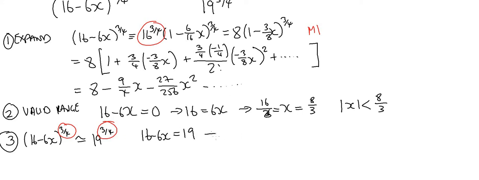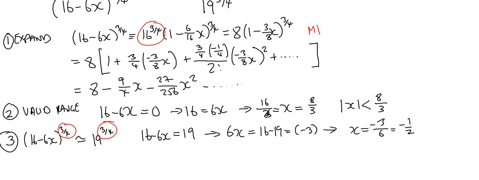And if we do that, that means that 6x equals 16 minus 19, which equals minus 3. So that means that x is minus 3 over 6, or minus a half. Right, so this should be our value of x.